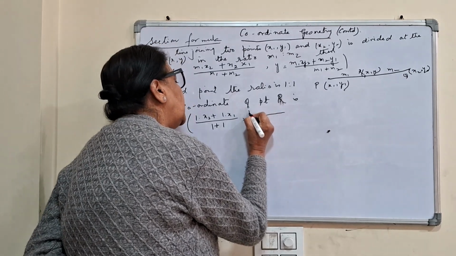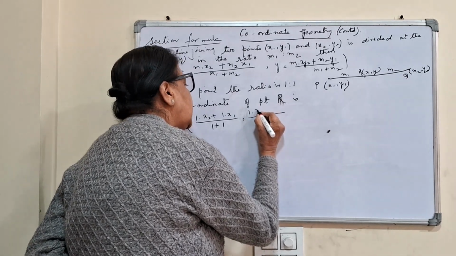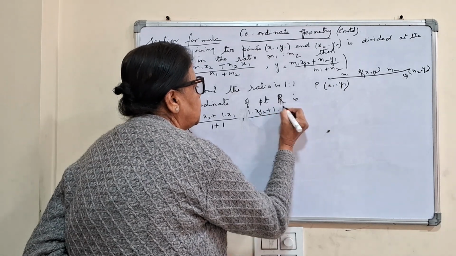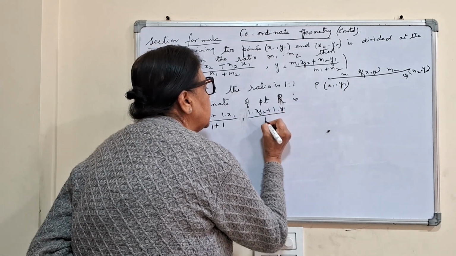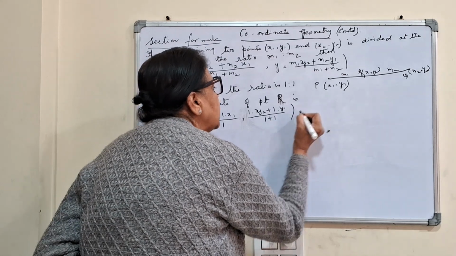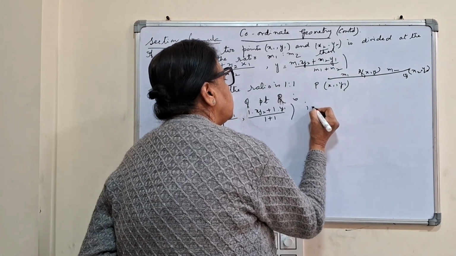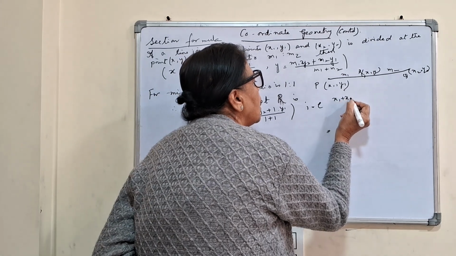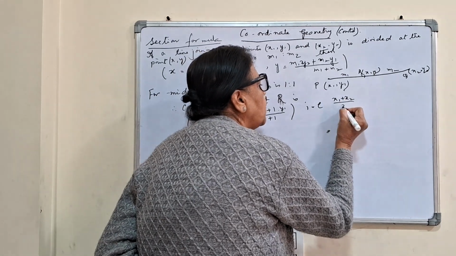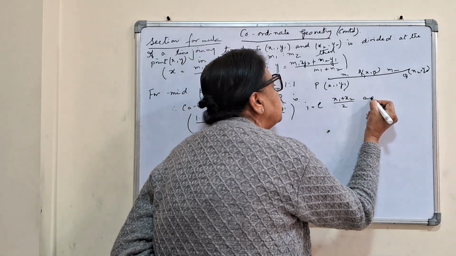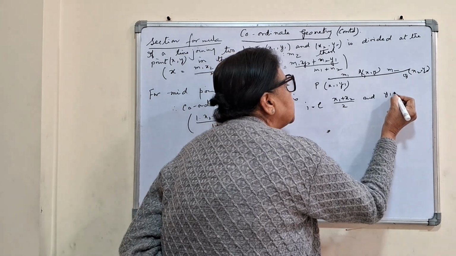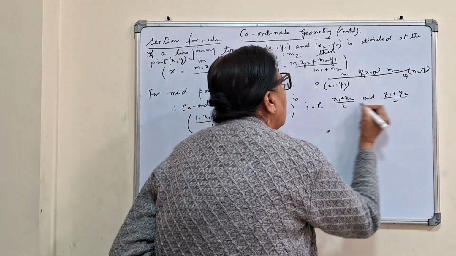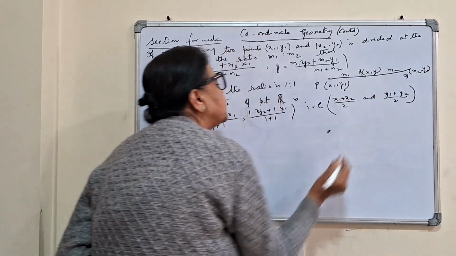That is 1 into y2 plus 1 into y1 divided by 1 plus 1. That is, the midpoint is x1 plus x2 divided by 2 and y1 plus y2 divided by 2.